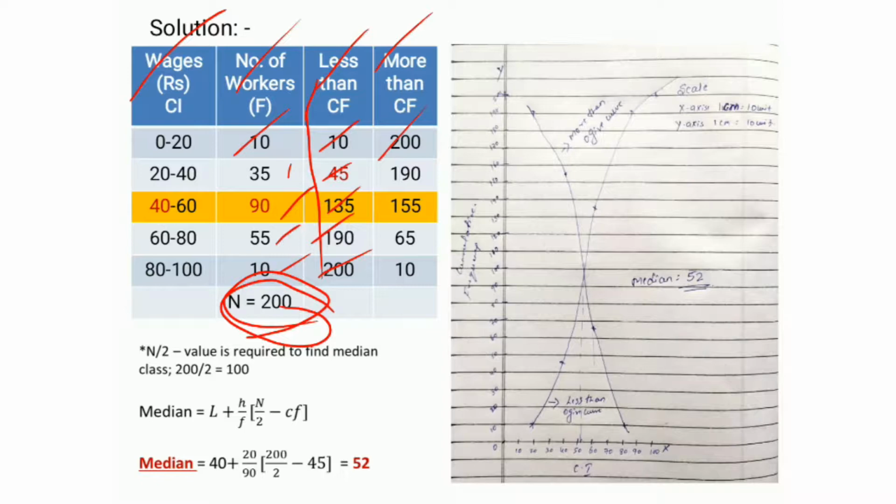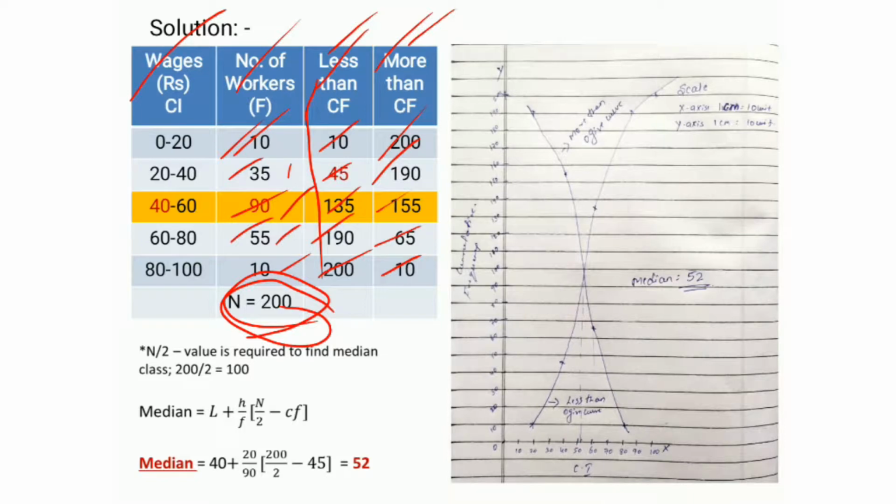So 200 minus 10 is 190, 190 minus 35 is 155, 155 minus 90 is 65, 65 minus 55 is 10. That is how you will get the more than cumulative frequency. So these two columns are required for graphical application.